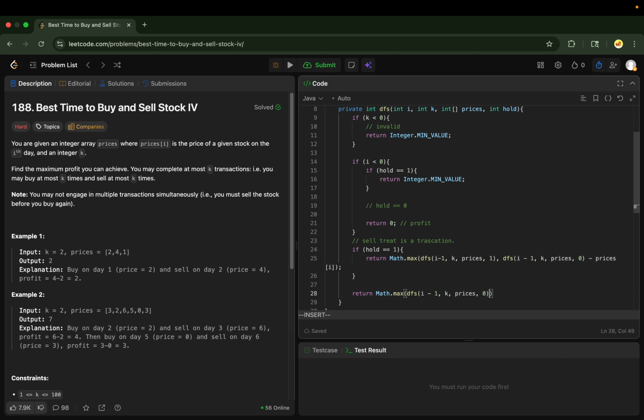Also for here, if the hold is 0, we can inherit or just work hard by our generations. It's 1 and we can sell it. Now this one should be, okay, -1.